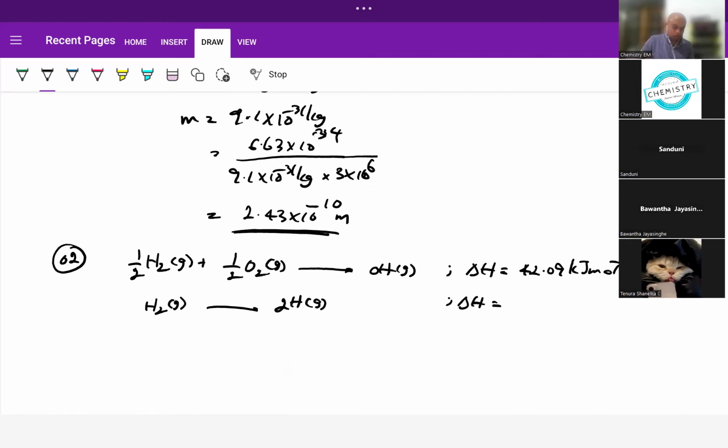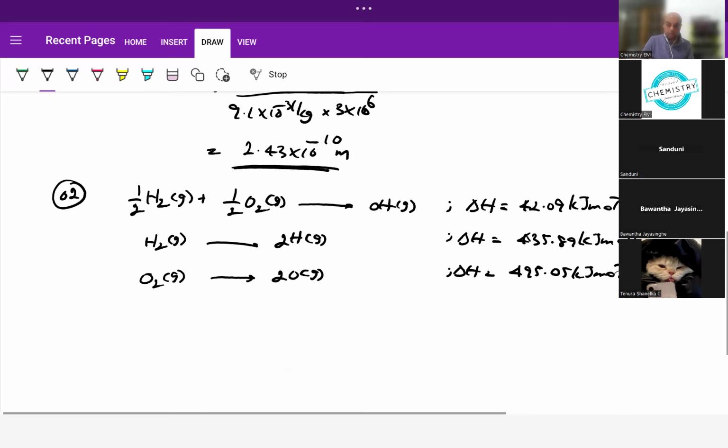Delta H is equal to 435.89 kilojoules per mole. O2 gas converts into 2O. Delta H is equal to 495.05 kilojoules per mole.